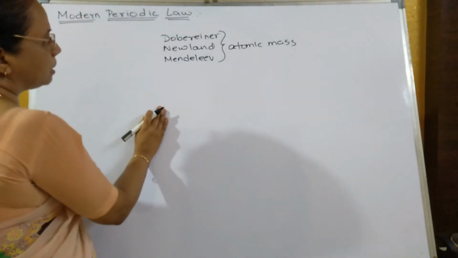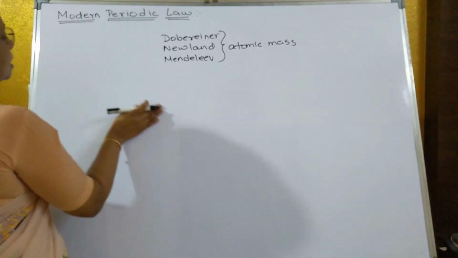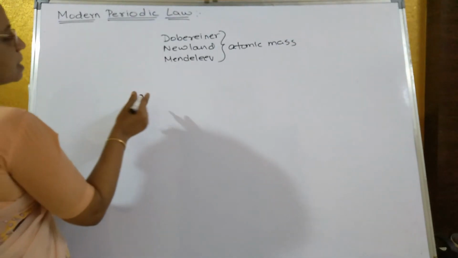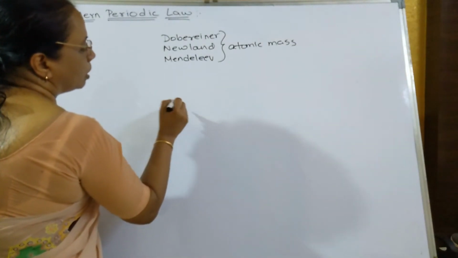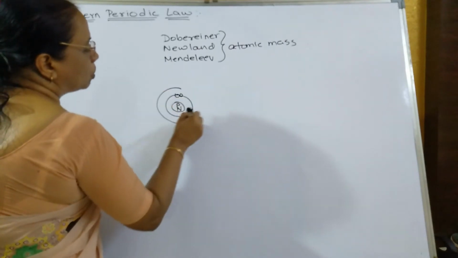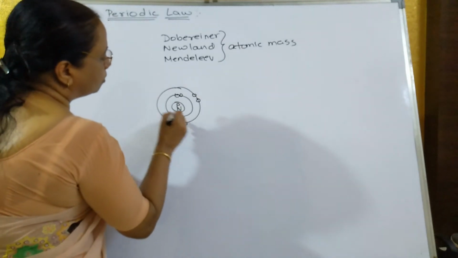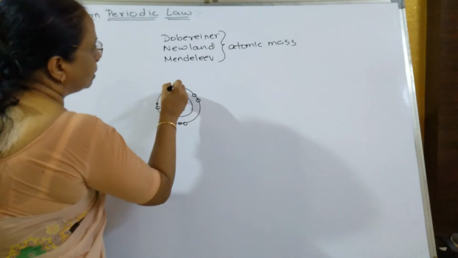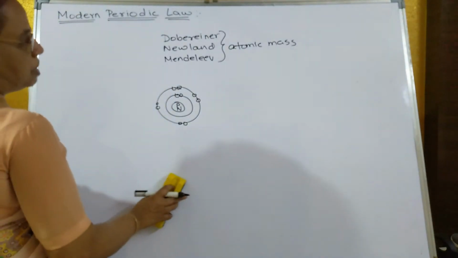Because the interior of the atom was not yet discovered. When the interior of the atom was discovered, what was there inside the atom? There is a nucleus. Inside the nucleus there are protons and neutrons, and the electrons revolve around the nucleus. This was not discovered during the time of Mendeleev, Newland and Dobereiner. So they had prepared the periodic table on the basis of atomic mass.